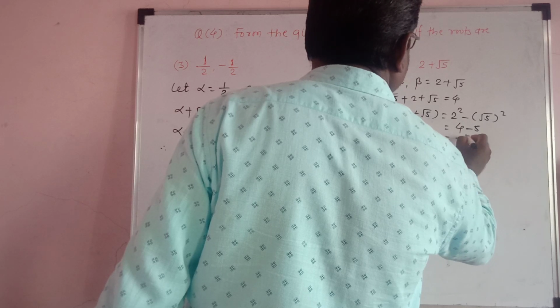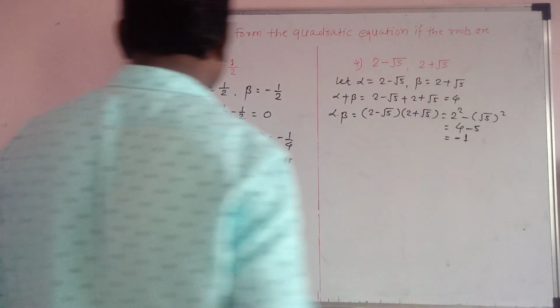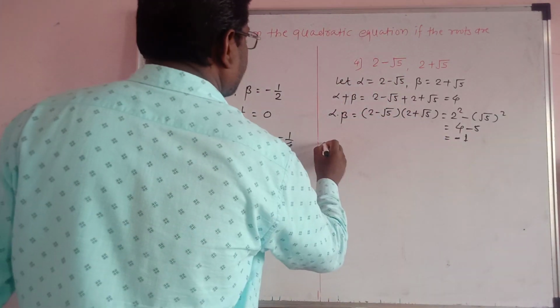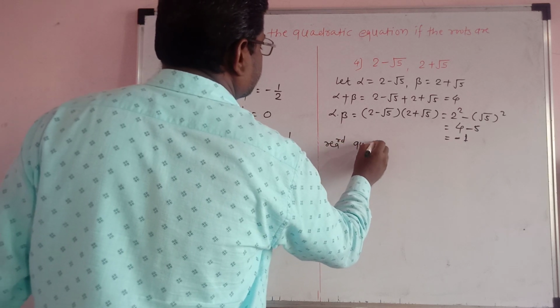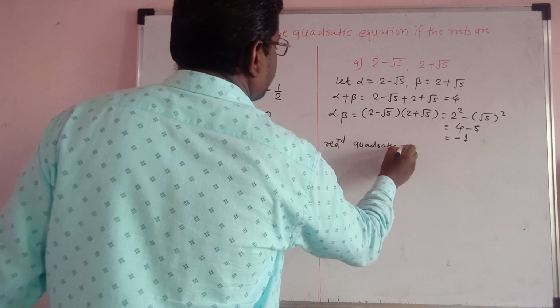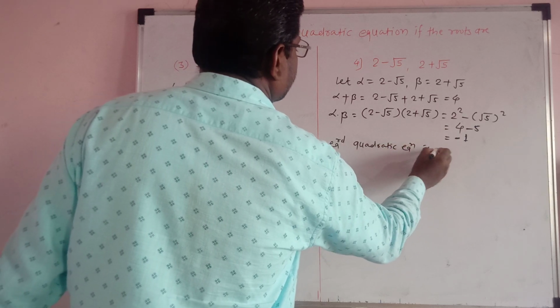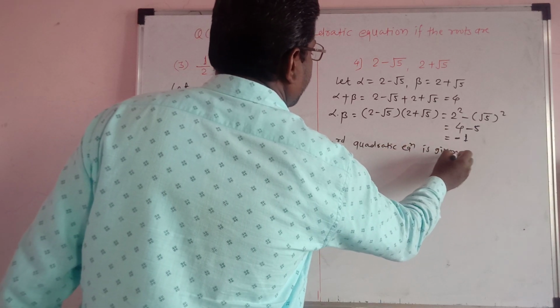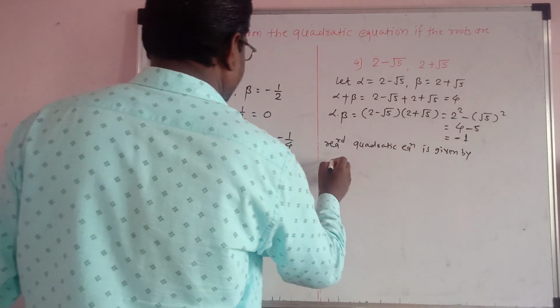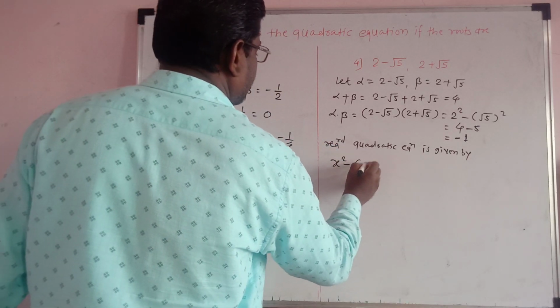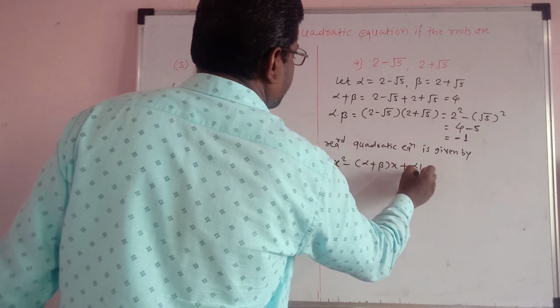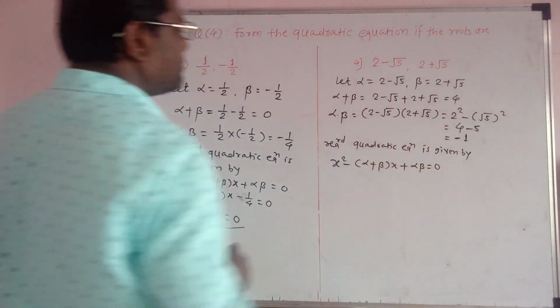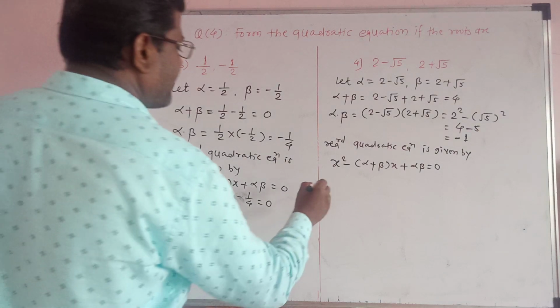4 minus 5 is minus 1. Now the required quadratic equation is given by x square minus (alpha plus beta) x plus alpha into beta is equal to 0.